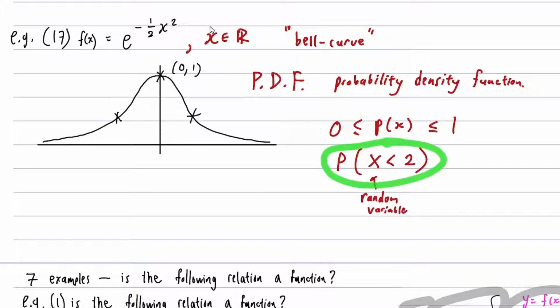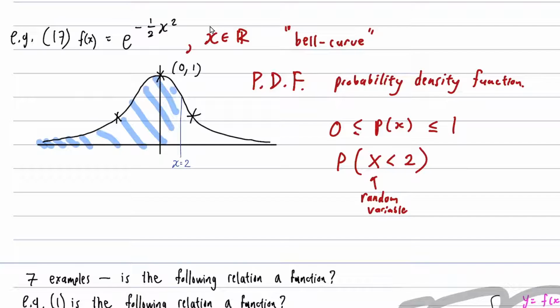So what this means is it's really just an area underneath the PDF when you put in x equal to 2, and you consider the area to the left from negative infinity all the way until x equal to 2. This region here, the area, is the probability. If you can catch that, then you will have an advantage next year. But if you cannot catch that, never mind.